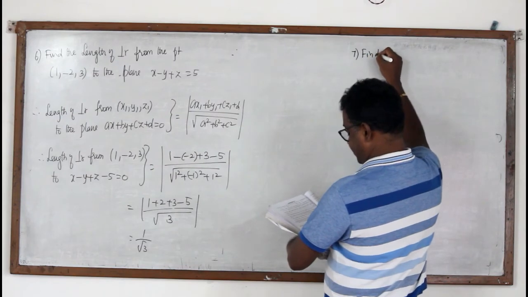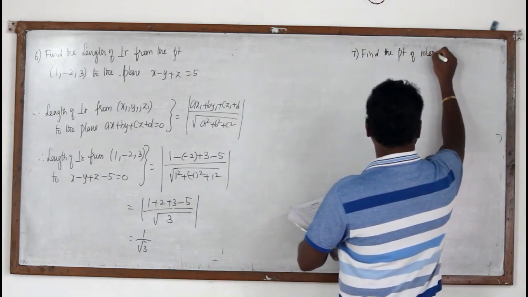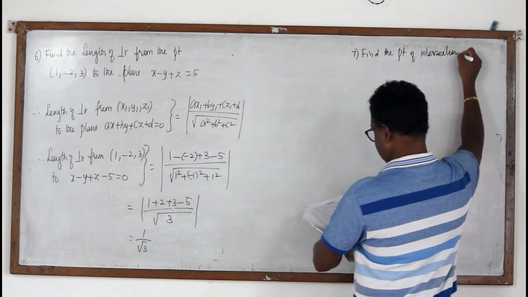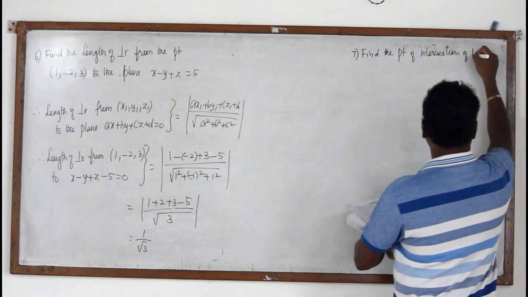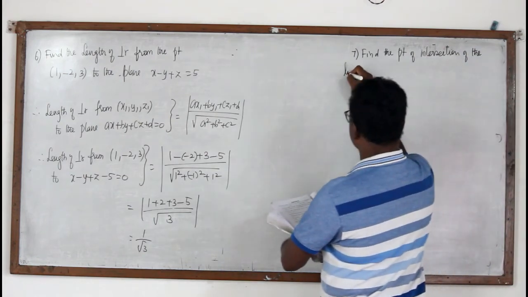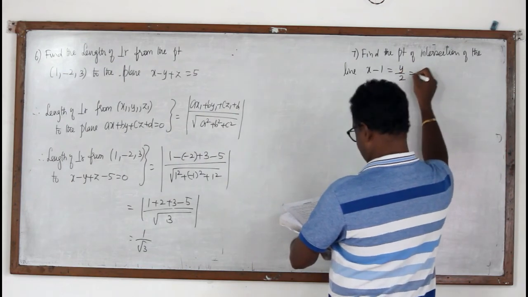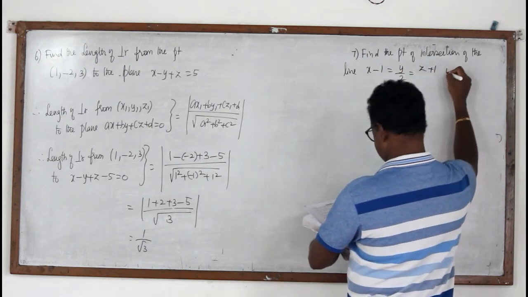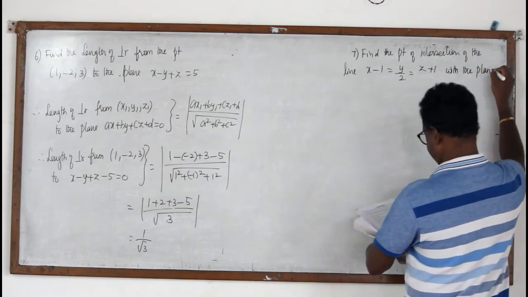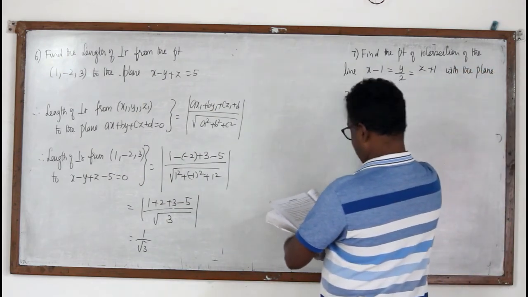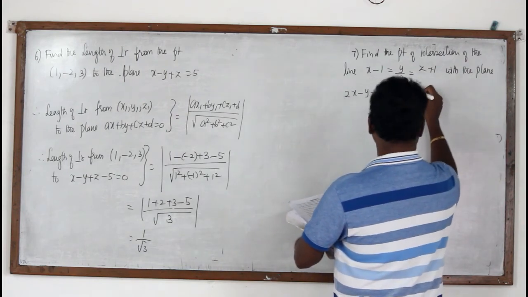Find the point of intersection of the line x minus 1, y by 2, z plus 1 with the plane 2x minus y plus 2z is equal to 2.